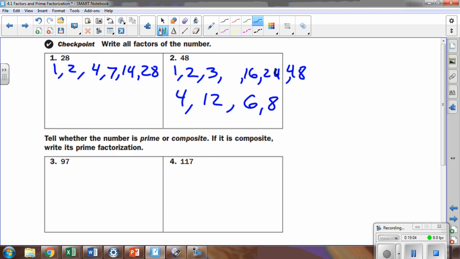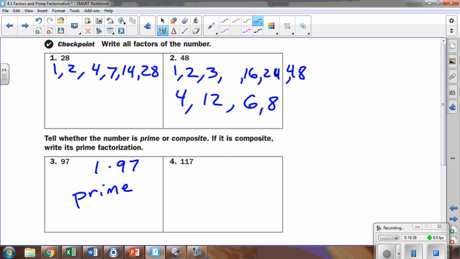With what? 1. 1 and 97 does not split it up into smaller numbers, though. These are 2 factors. We'll always be able to get 1 times the number itself. Is there a different way to split it up besides 1 times 97? No. Because there's no other way to split it, it's a prime number. If we had a second way to split it, that would make it composite.